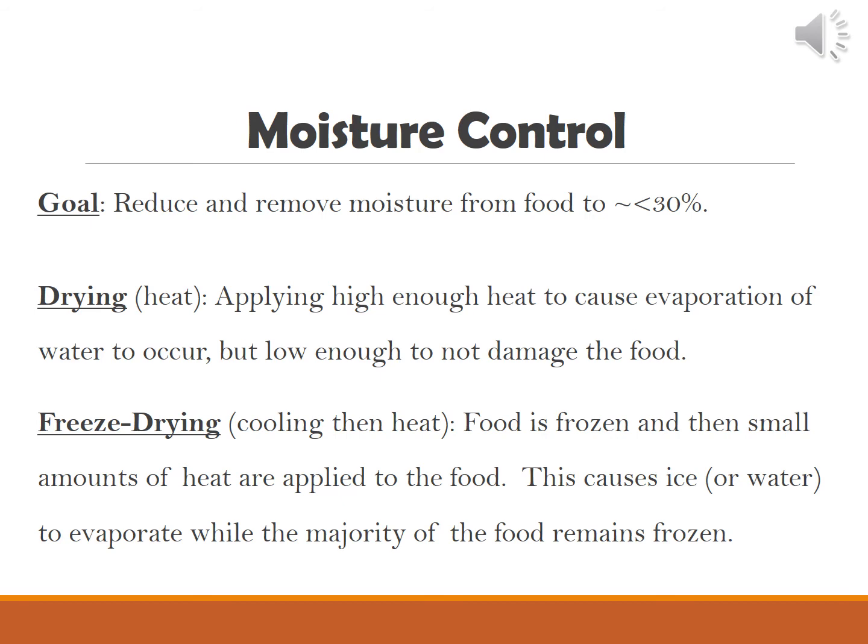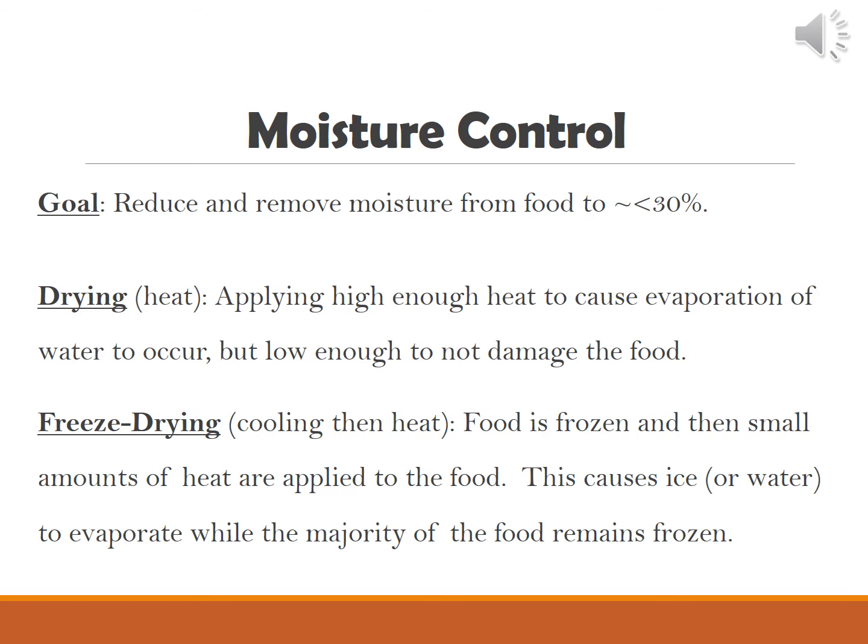The moisture control process is mainly performed through either drying or freeze drying. To dry a food, you simply apply heat. So this could be done through the sun, or sun drying, or through the application of other heat sources to the point where the water is going to just evaporate from the food.